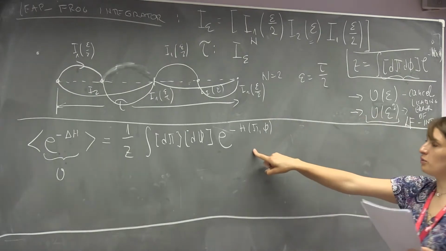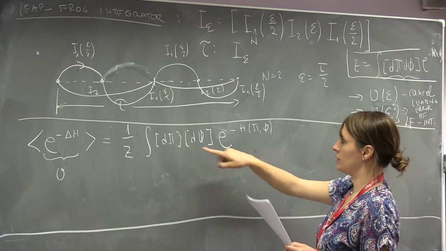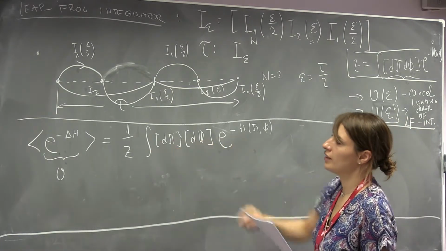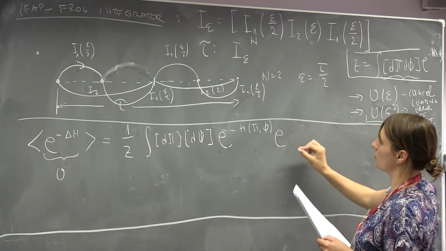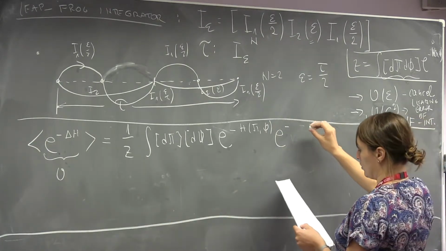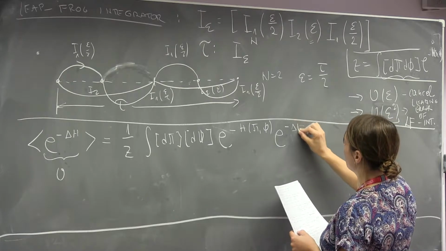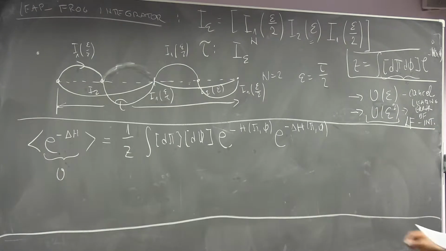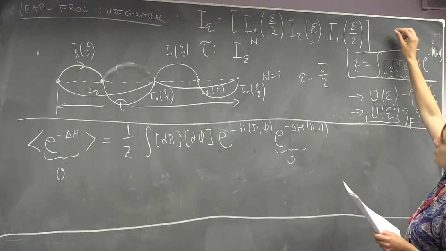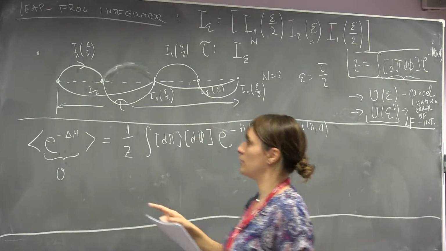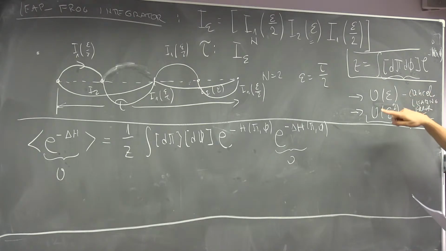So this is the Boltzmann weight, and we said we are estimating the observables by multiplying them with the Boltzmann weight, integrating over pi and phi, and dividing by the partition function. We still need to multiply with an actual observable that we are trying to estimate. So this would be e to the minus delta H of pi and phi. Okay, so this is our observable, and we've seen yesterday that in the path integral formalism, you would estimate.